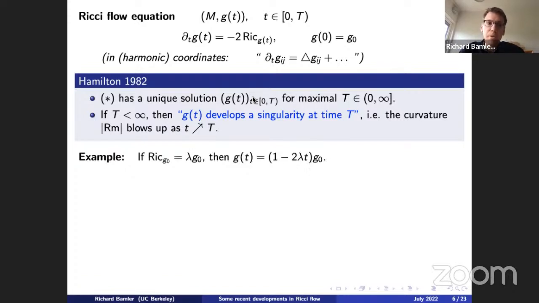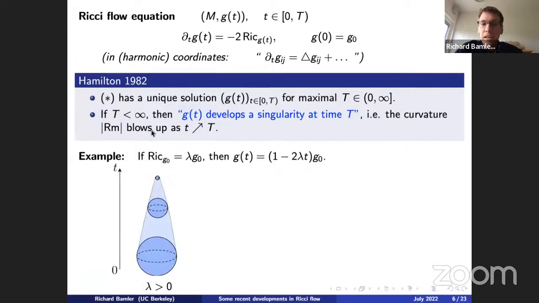So here's an example that we should always keep in the back of our minds. When we start the Ricci flow with a metric that's already kind of optimal, meaning that it's Einstein, so the Ricci tensor is a multiple of the metric, then the Ricci flow will just evolve this metric by rescaling. And the sign of the Einstein constant decides whether it scales it up, down, or keeps it the same. Okay? So for example, in the case of a positive Einstein constant, you could think of a round sphere that just shrinks down and asymptotically has diameter 0 after some finite time.